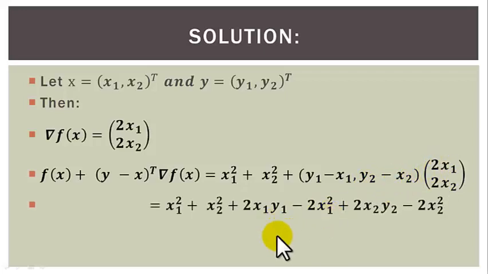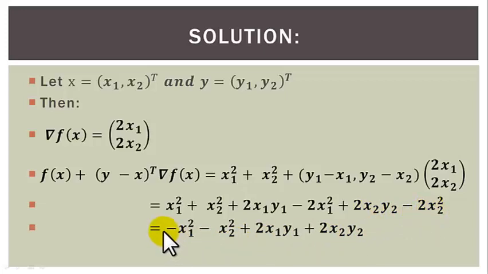This is equal to x1 squared plus x2 squared plus, when you multiply this vector by this, will give us 2x1 y1 minus 2x1 squared plus 2x2 y2 minus 2x2 squared.